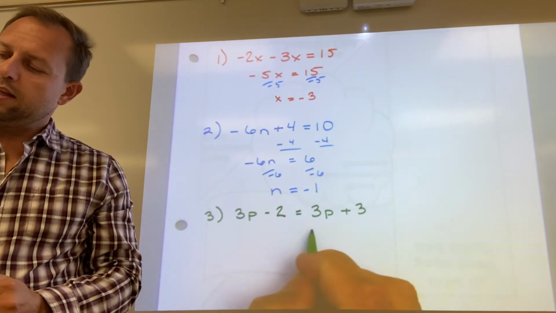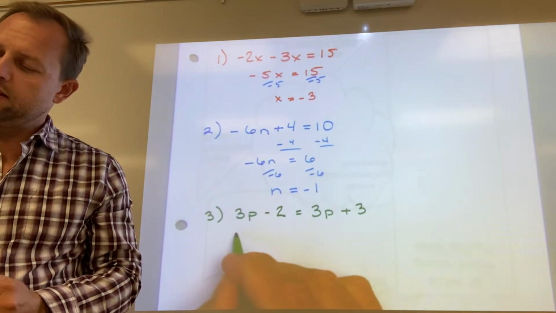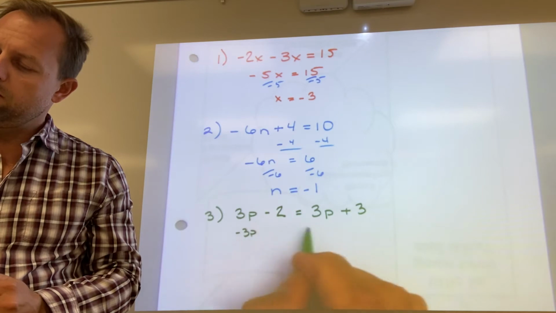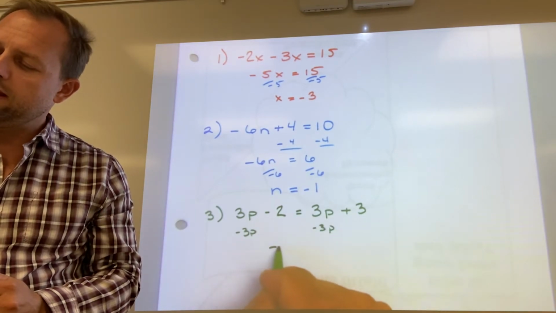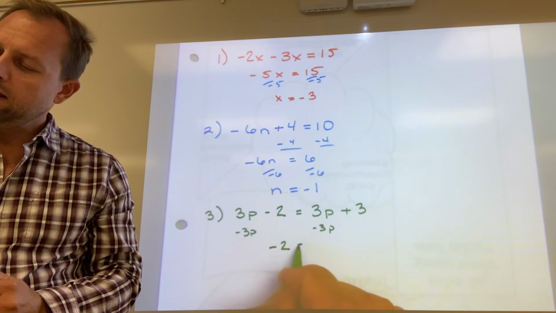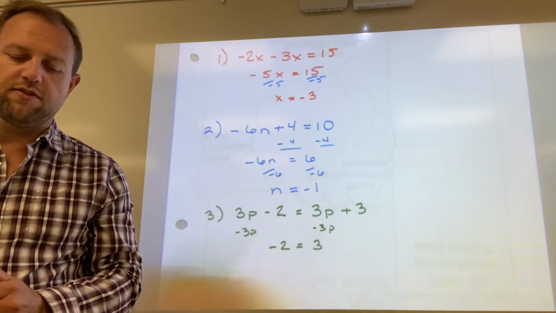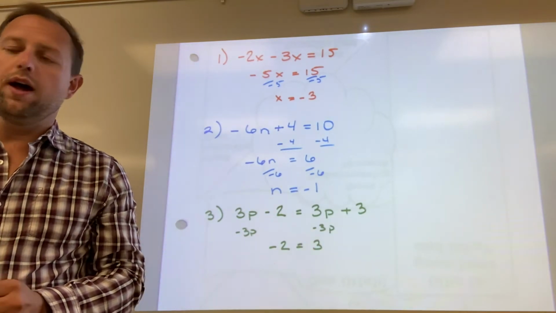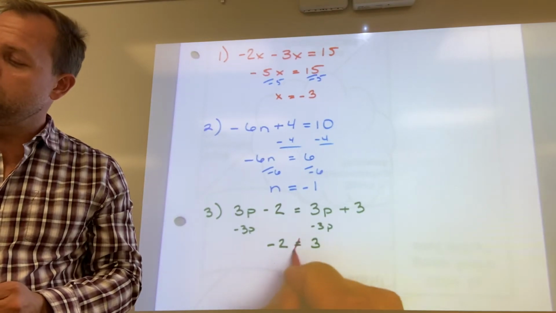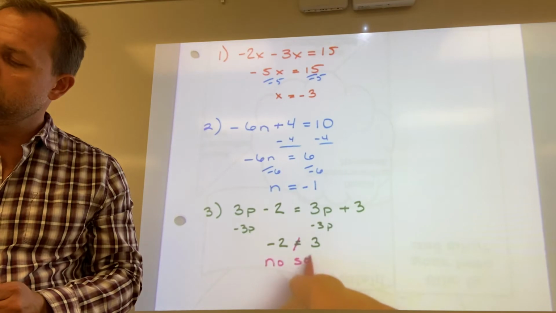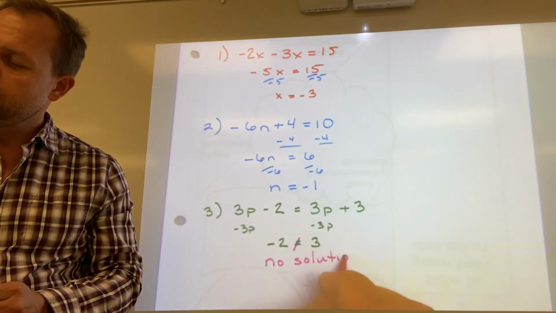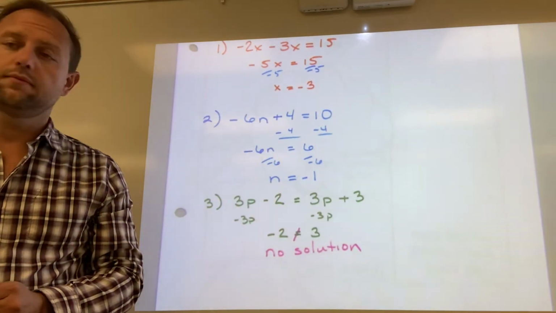When we subtract the 3p from both sides, to move it all to one side, they cancel out, and we're left with negative 2 equals positive 3. Well, we know that is not true, so in this case, there is no solution. Okay?